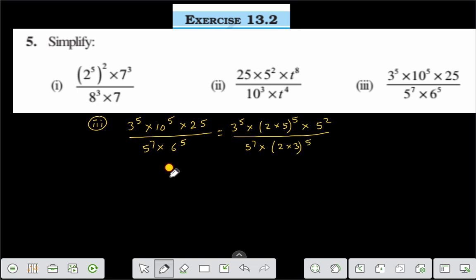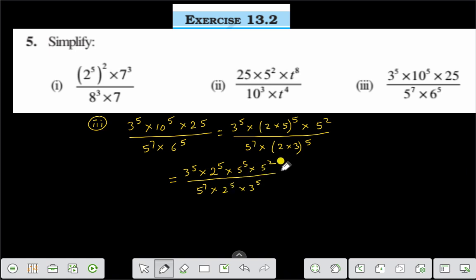Right? You'll find here it is 3 to the power 5 into 2 to the power 5 into 5 to the power 5 into 5 to the power 2, divided by 5 to the power 7 into 2 to the power 5 into 3 to the power 5.